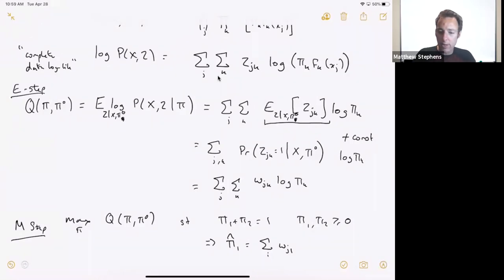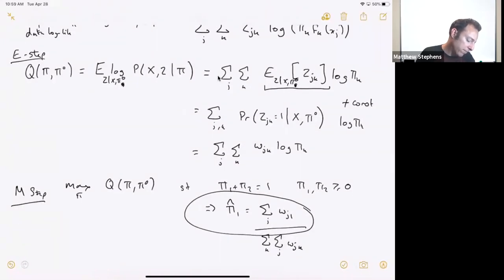Okay, so let's have a look at what this is telling us. Actually, this bottom turns out to be n, because every point is either in component 1 or component 2. So what you're doing here is averaging these W's.